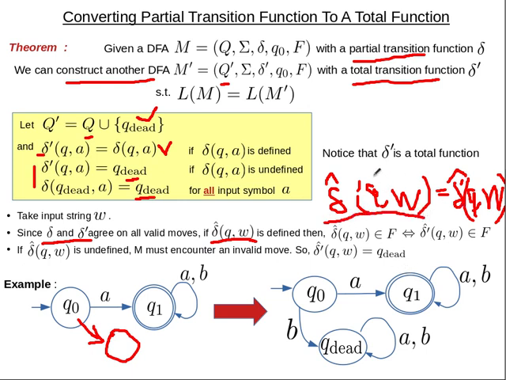But if this is not defined, then that means an invalid move was encountered while processing W, and in that case it will move to the dead state and remain in the dead state. So that's our proof.